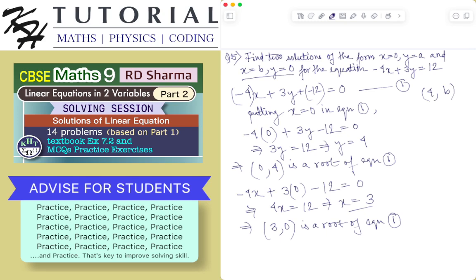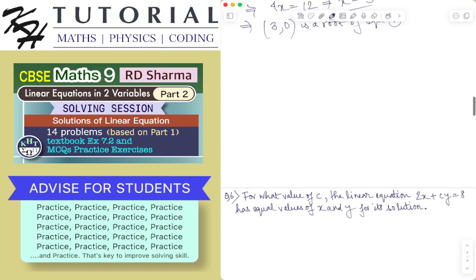I will just substitute the value of x as 4 in the given linear equation and solve for y. Whatever value of y we get, 4 comma that value will be a root of the given linear equation. So essentially, solving for y, we will get the value of b. Okay, let's see the next problem.